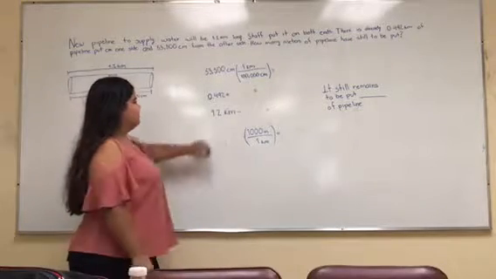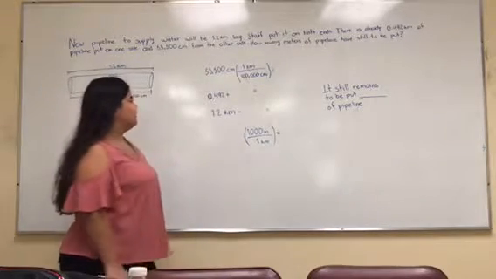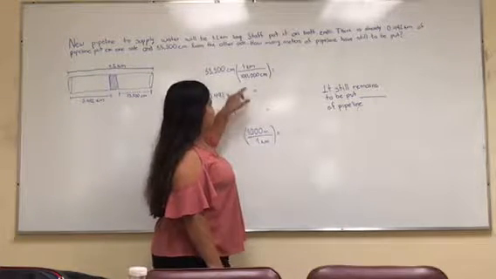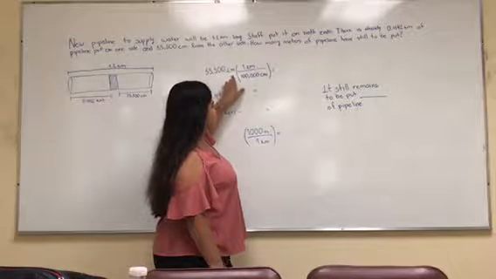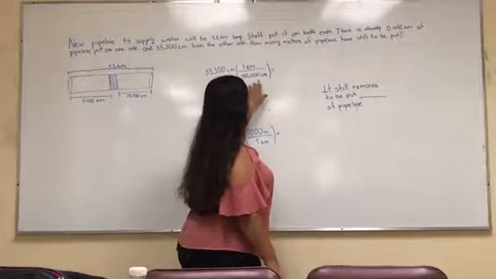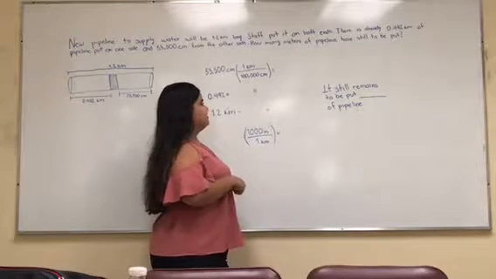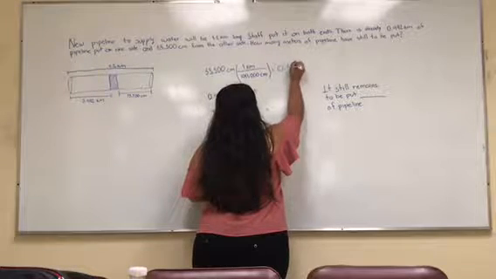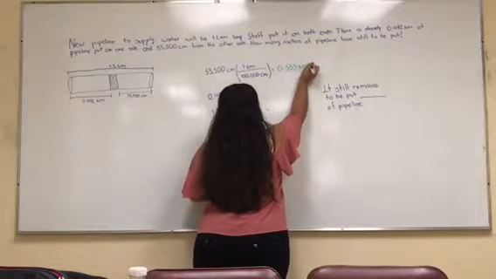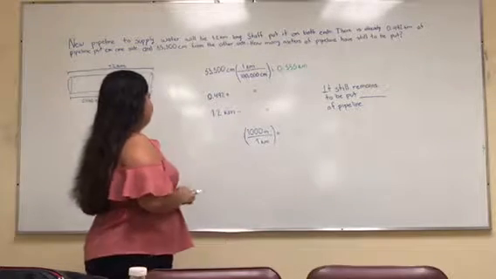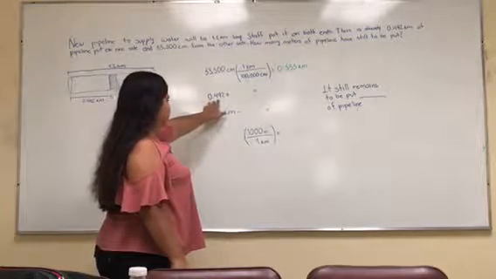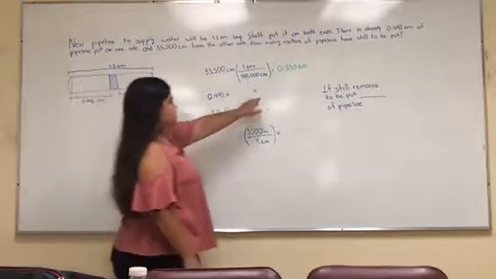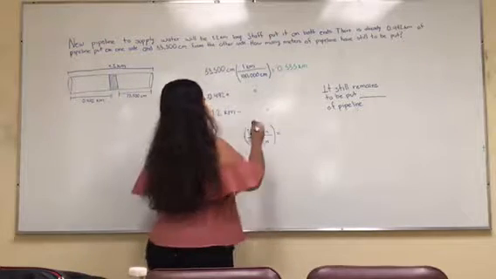First, we convert 53,500 centimeters to kilometers. Divide the centimeters by 100,000. The result is 0.535 kilometers. Then we add the 0.492 kilometers and 0.535 kilometers.